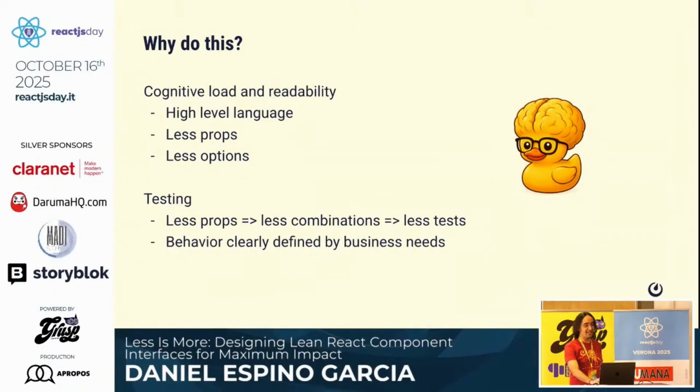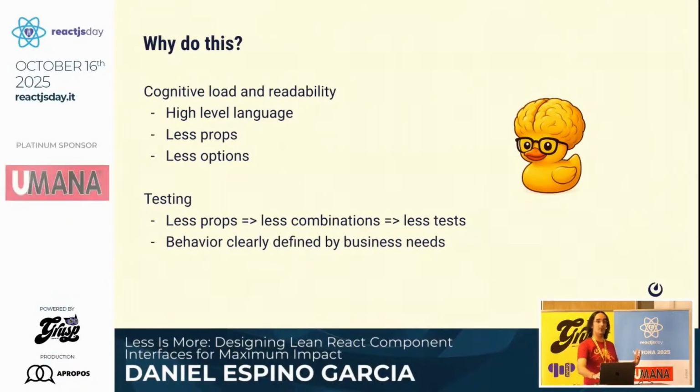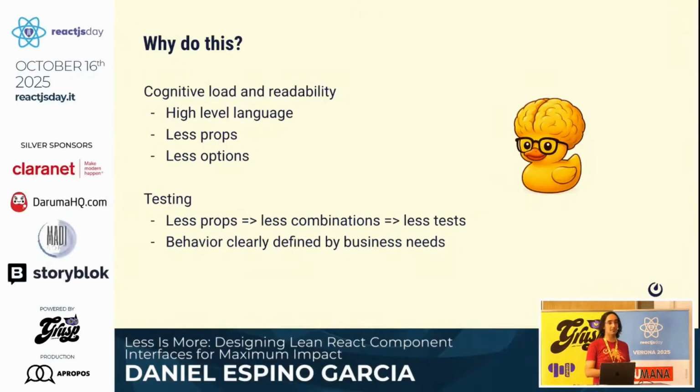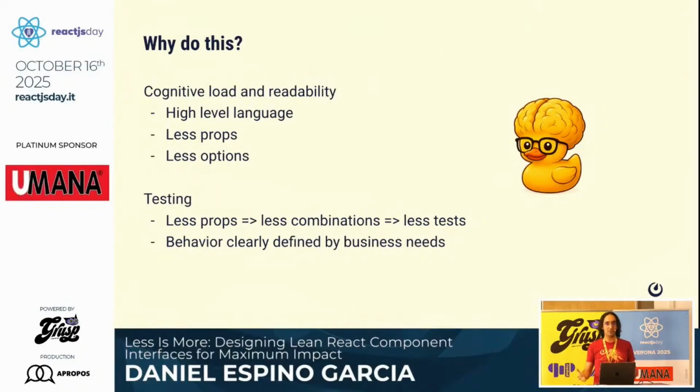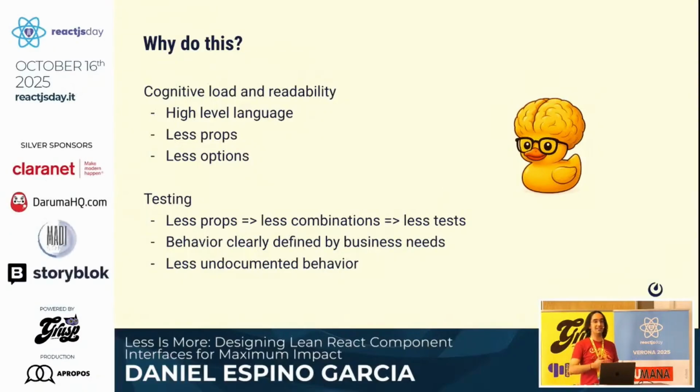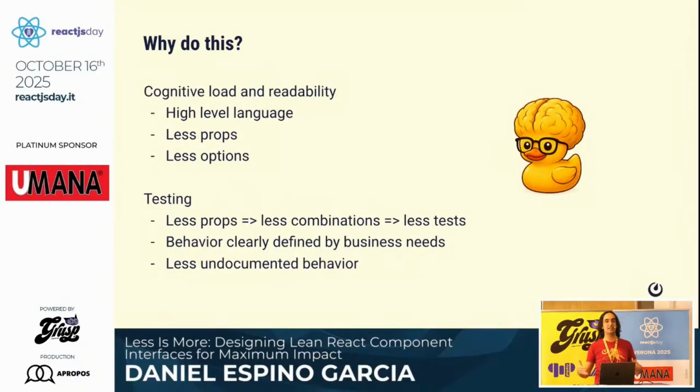But also the behavior of the component is more clearly defined, because since we are using fewer props, the props are higher level language, and how the components should behave is more clearly defined. And since we have that, we have less undocumented behavior. We can test all the cases, and we can use tests as documentation.